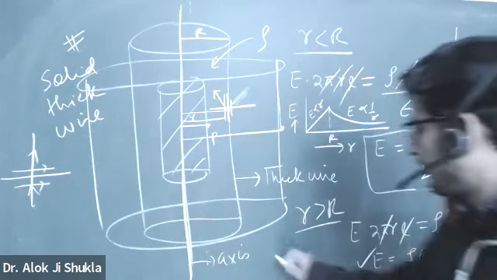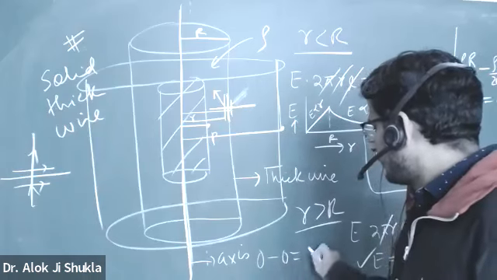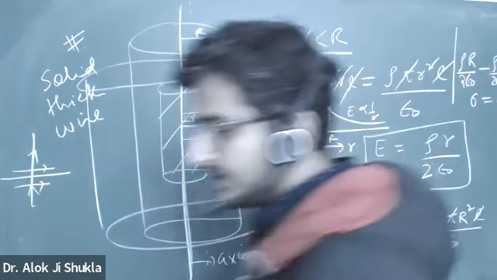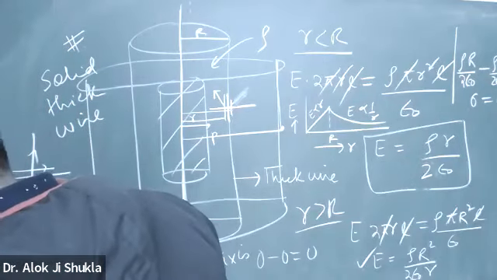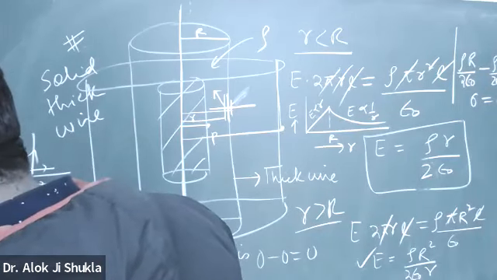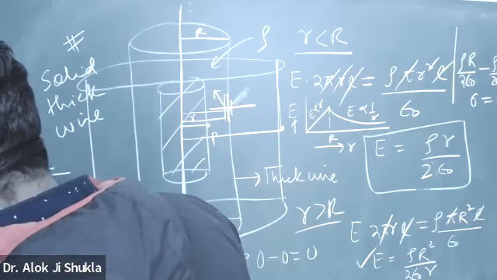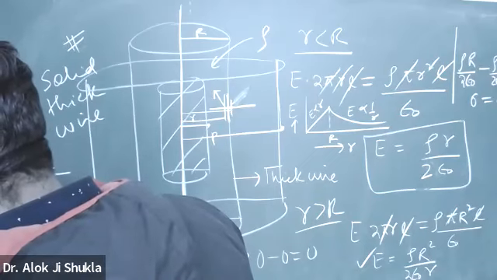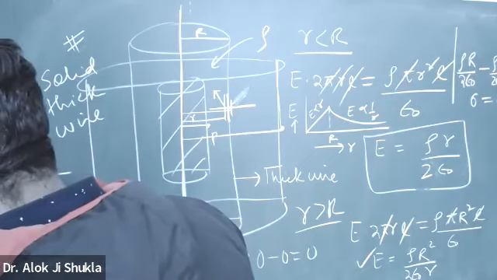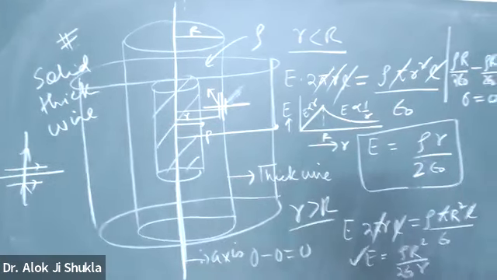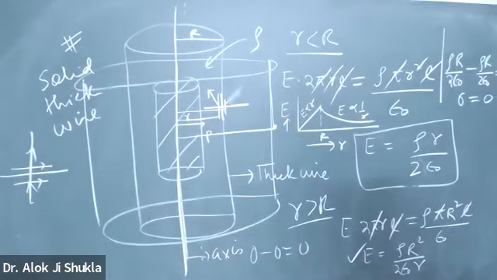So for parallel, 0 minus 0 is equal to 0. But in cases where there will be a parallel field, we will take care of that. Pooja, do you understand? Harshit? Yes sir, it is clear.